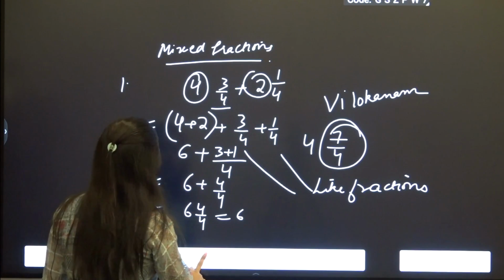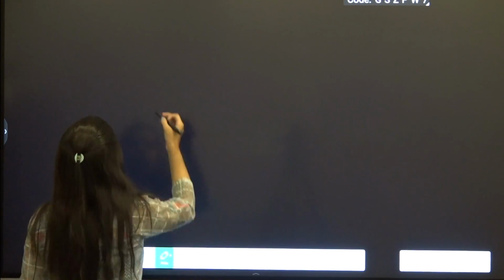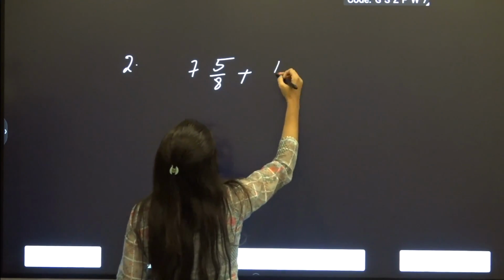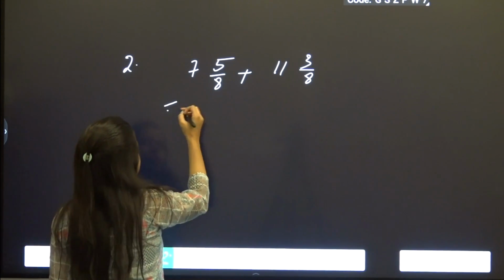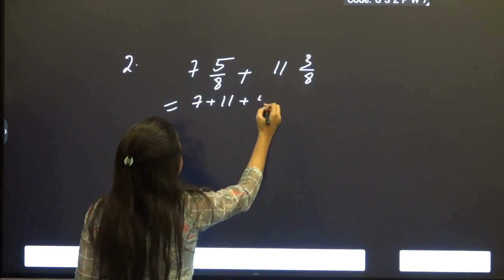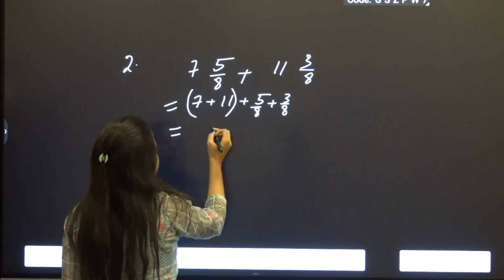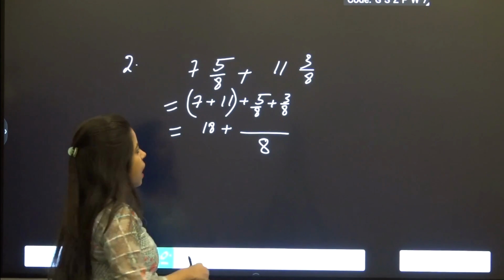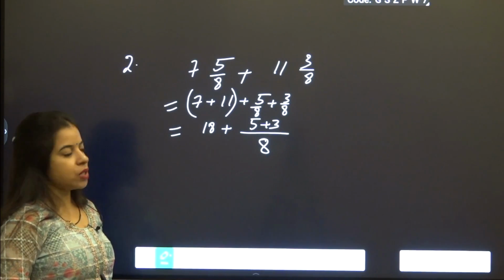Let us take another example where the proper fractions are like fractions. So, 7 5 by 8 plus 11 3 by 8. Here we can write 7 plus 11 plus 5 by 8 plus 3 by 8. 7 plus 11 is 18, plus the common denominator is 8 and in the numerator 5 plus 3 which is 8.